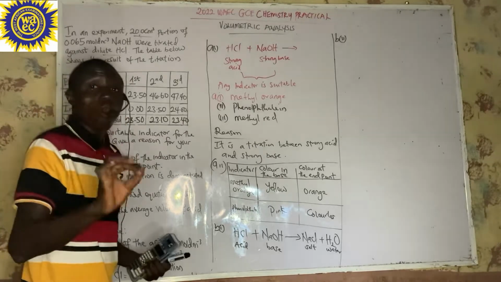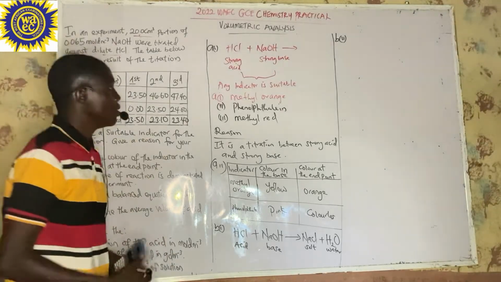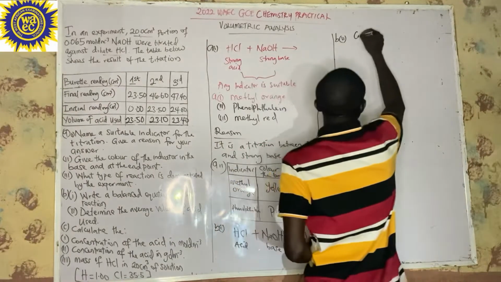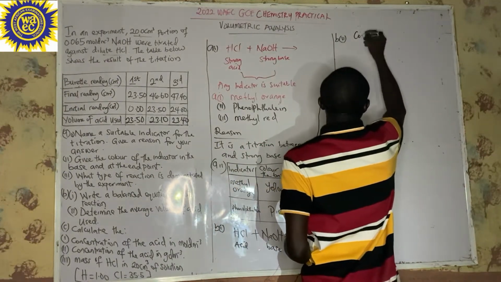So the concordant values should be within the range of 0.1 to 0.2.